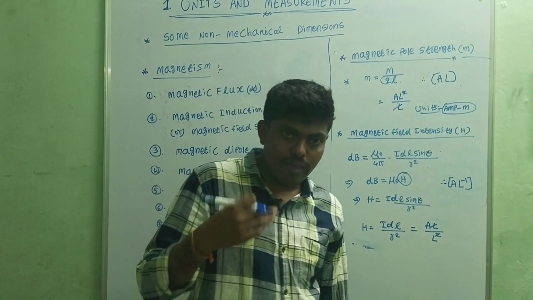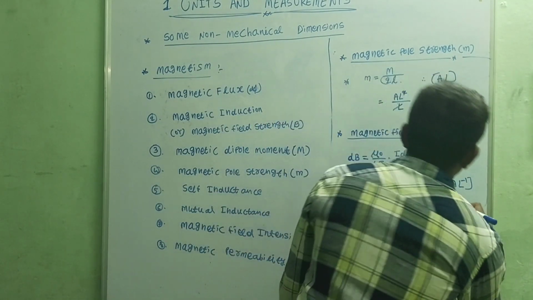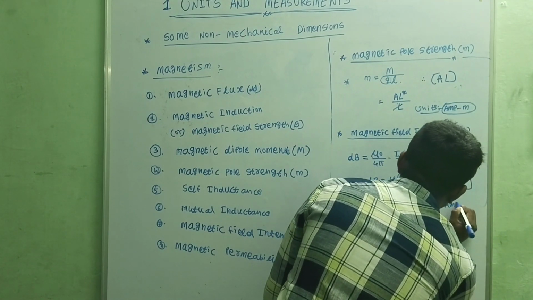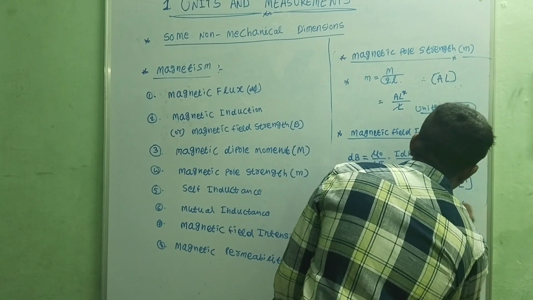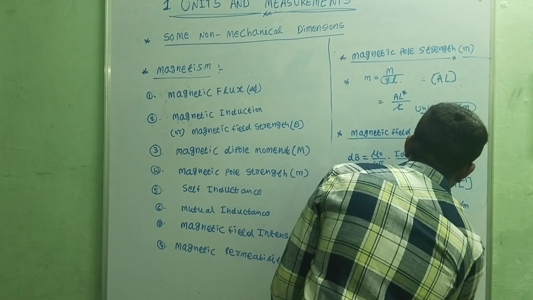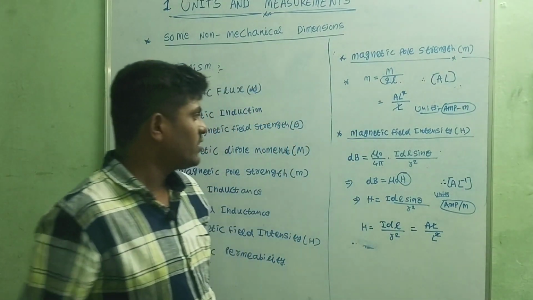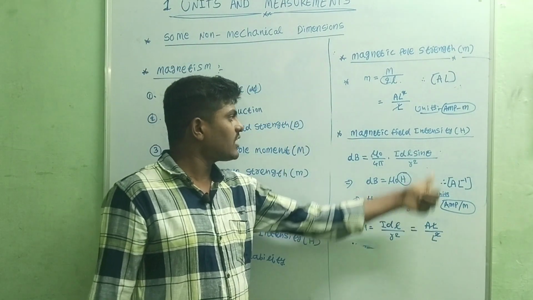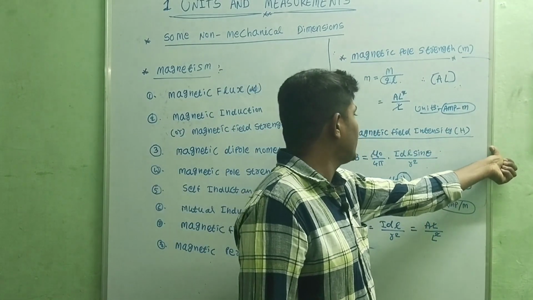So the units of the magnetic field intensity is ampere per meter. So these are the units of the magnetic field intensity.